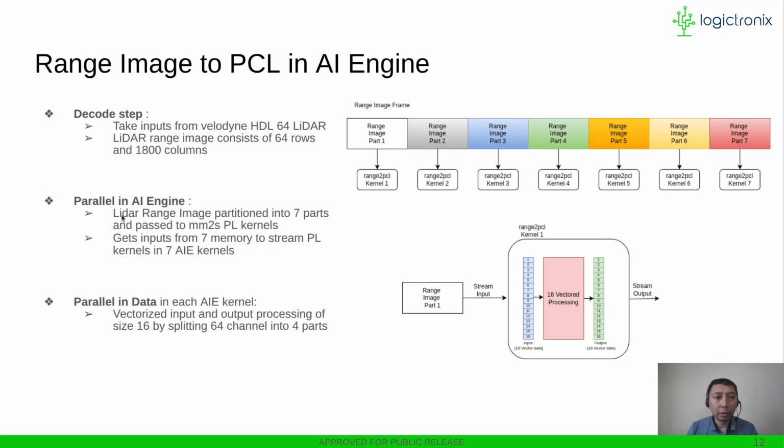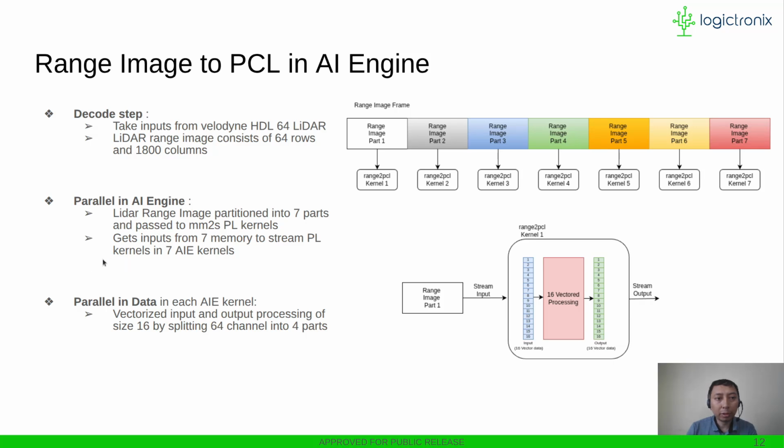Here we are dividing our range image frame into 7 parts. A single frame is divided into 7 parts, and each range image partition is passed to an AI engine kernel. So we are using 7 AI engine kernels to process 7 range image partitions.